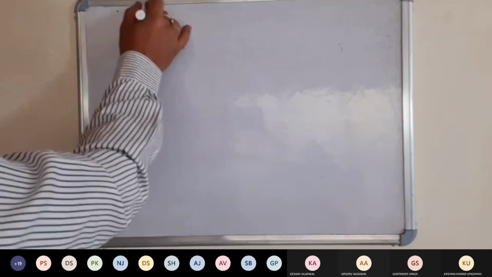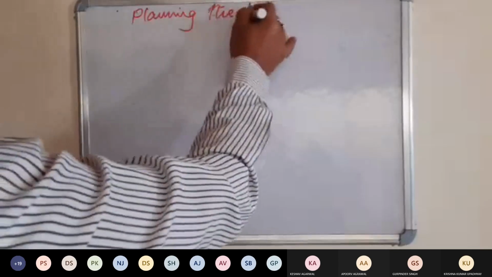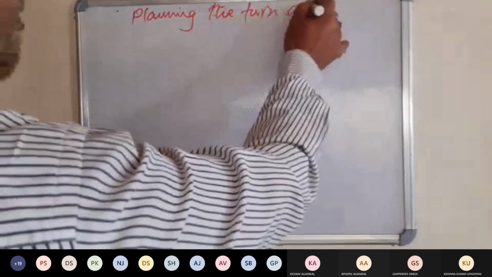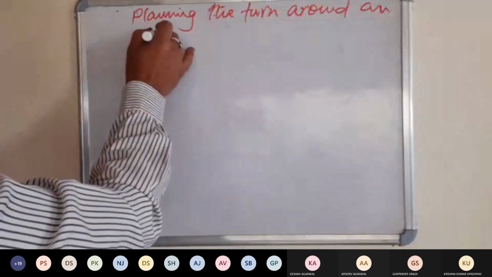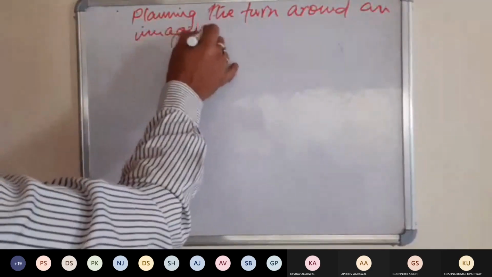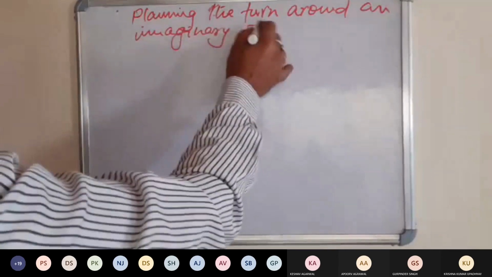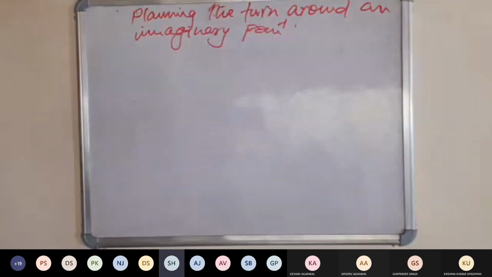The second point that we are talking about is planning the turn around an imaginary point. ये next class में करें. हाँ करेंगे next class में, हो गया time. So we will be doing this in the next class.